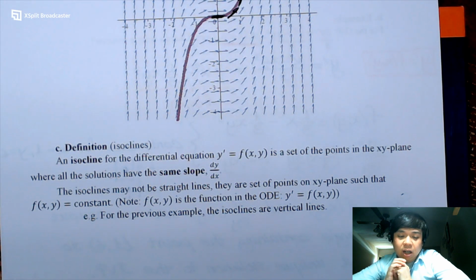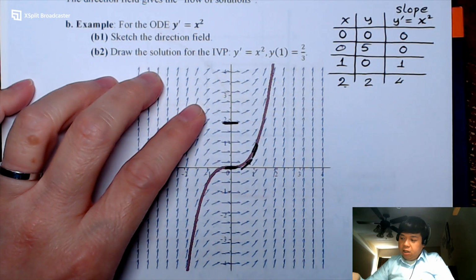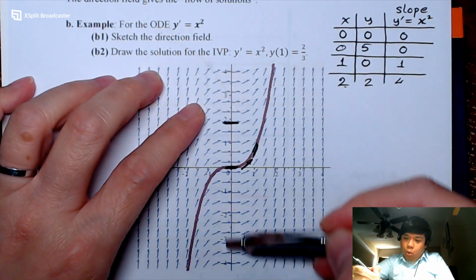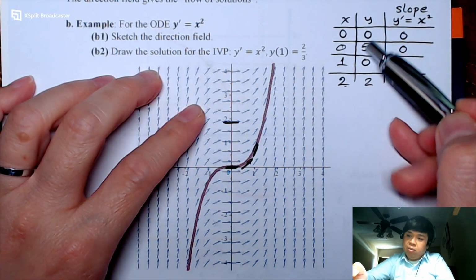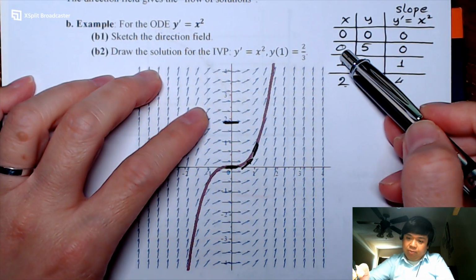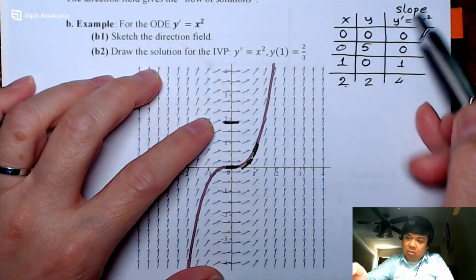An isocline for a differential equation is a set of all the points in the xy plane that have the same slope. You see all of these points here, where x equals 0, the y are different but the x are the same. So the slope is the same at these points.